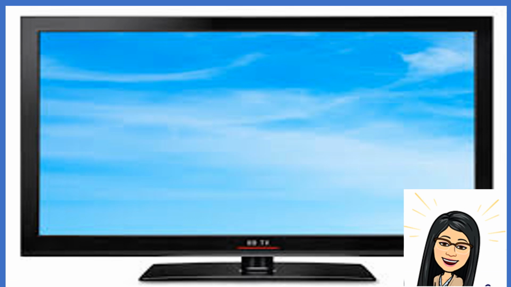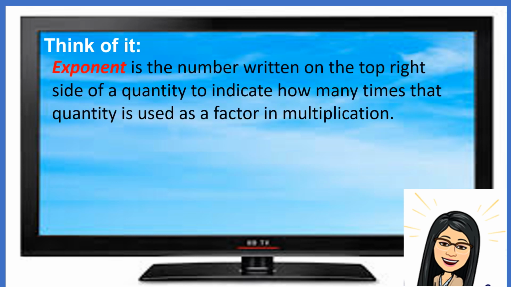Let us first describe the following terms. The exponent is a number written on the top right side of a quantity to indicate how many times that quantity is used as a factor in multiplication. Remember, in writing exponent, it is higher and smaller.